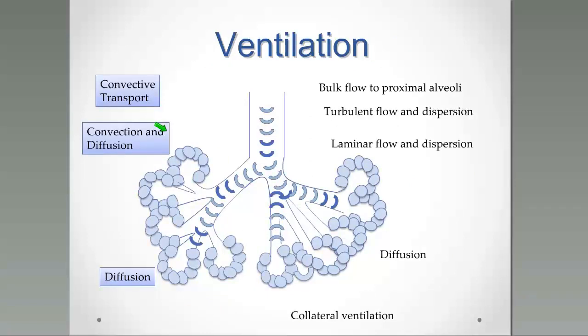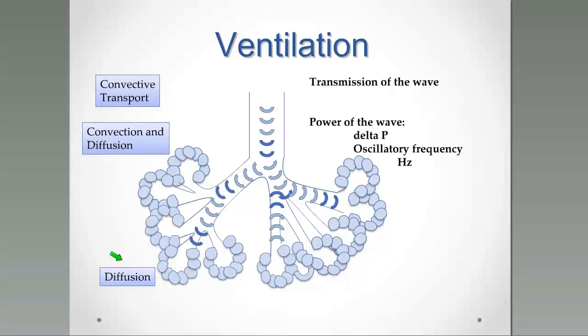So to ventilate a lung during high frequency ventilation, the main two or three mechanisms for us are convection in the proximal areas of the airway, some kind of mix of convection and diffusion in the middle, and, the most important, diffusion, the transmission of energy in the lower areas of the lung, where the alveoli are. So again, the transmission of the wave is related to the diameter of the airway, the branching of the airway, and the length of the lung.